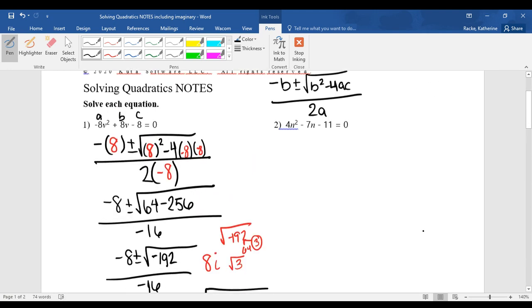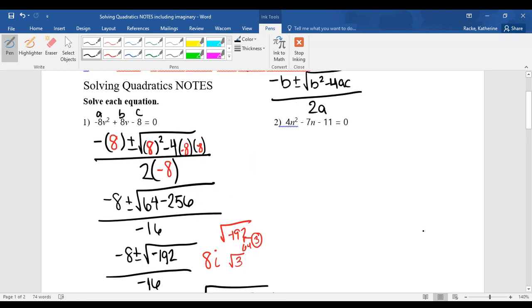All right, let's practice this again. Label what your a, b, and c are. So my a value is 4. My b value is negative 7, and my c value is negative 11. Now I need to start plugging this in. So negative b value, which is negative 7, plus or minus the square root of b squared minus 4 times a times c.